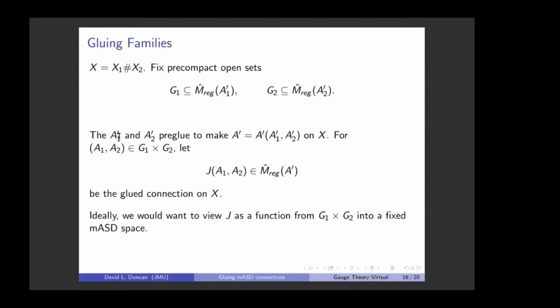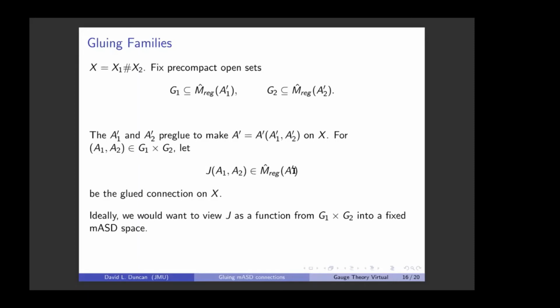A1 prime and A2 prime were mASD. This pre-glued connection will no longer be mASD on the nose, but it'll be approximately an mASD connection. Then you can use the implicit function theorem type argument from before to pass from the approximate mASD connection to an actual mASD connection on the nose, and that will be regular as well.